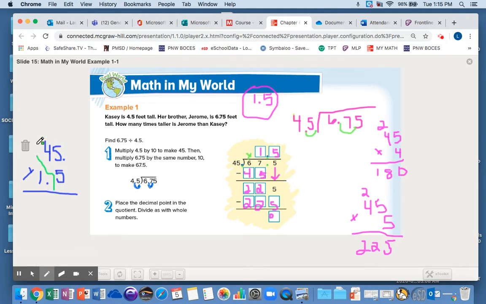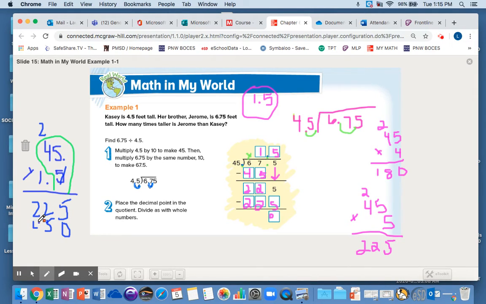Draw that turtle head. 5 times 5 is 25. 5 down, 2 up. 5 times 4 is 20, plus 2. Good. 225. You used your 5. You drop your egg. 1 times 5 is 5. 1 times 4 is 4.